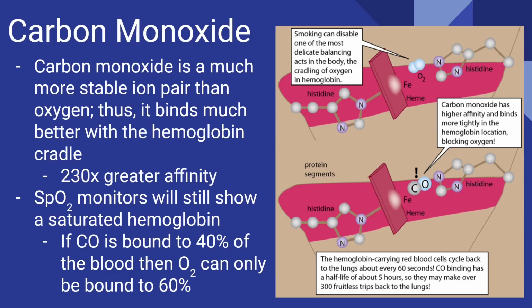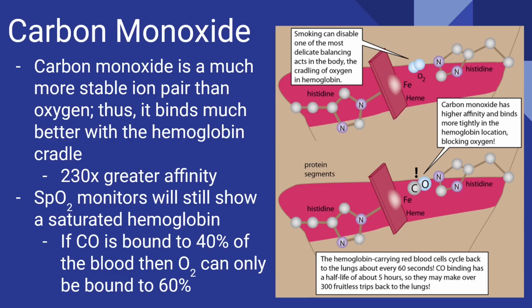Oxygen has 8 electrons that can be utilized, whereas carbon monoxide has utilized those and bound to itself much stronger, so it fits into this little cradle of heme much nicer. It does that at a 230 times greater affinity than oxygen would.